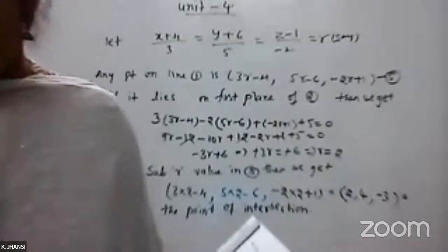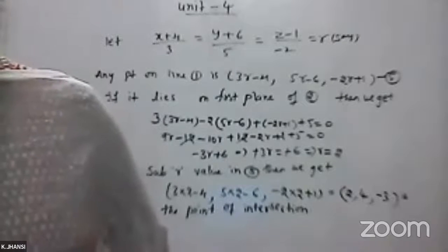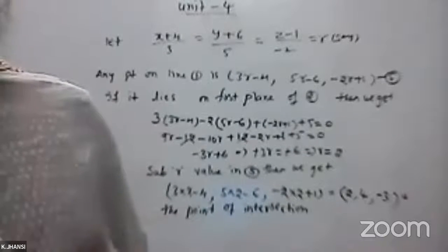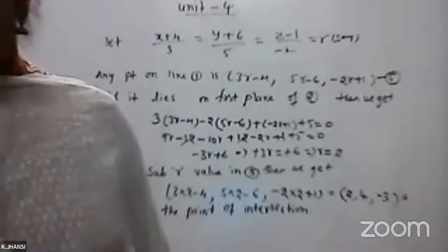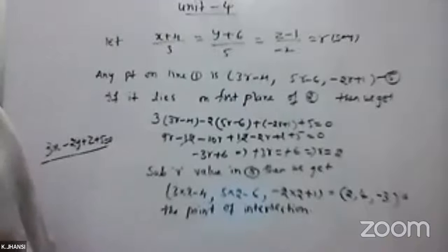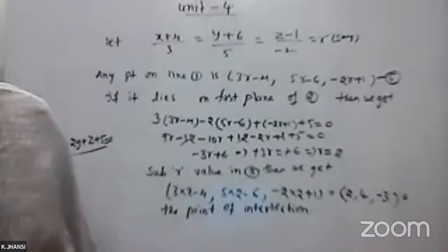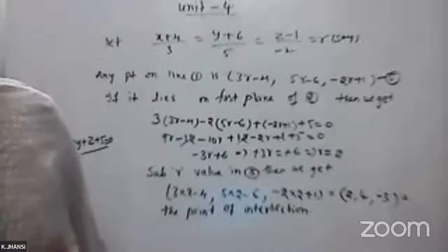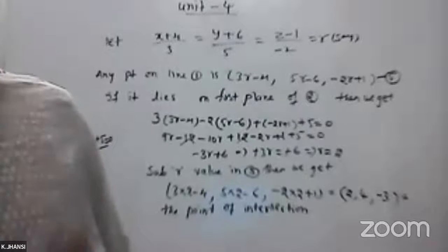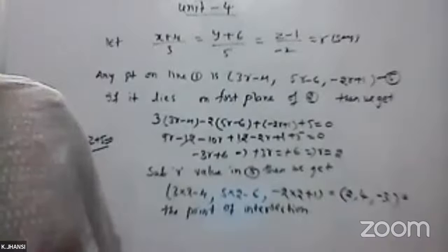Okay, so you have the problems in your textbook. The sixth problem I have told. After that you have 7, 8, 9, the same kind. Show that the line intersects the line. Find the point of intersection. Okay, so 9th and 10th I have told. The 11th one is the angle between the lines.